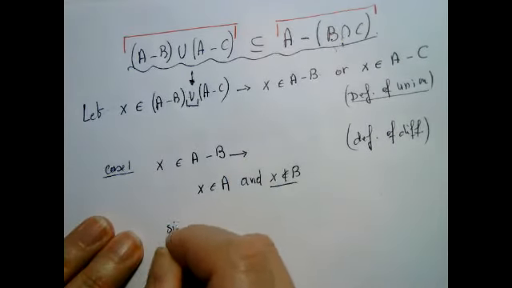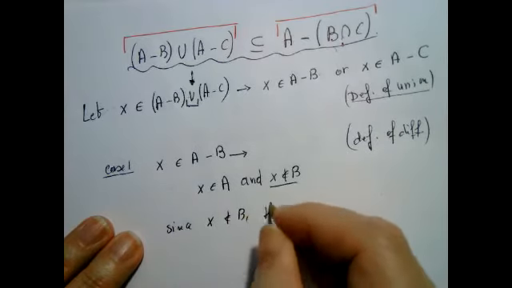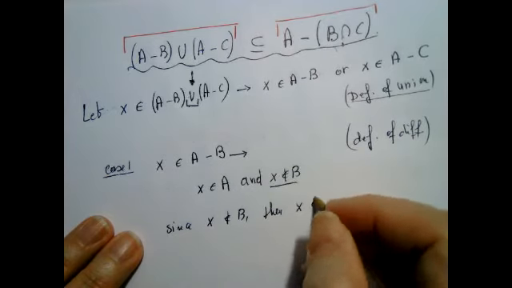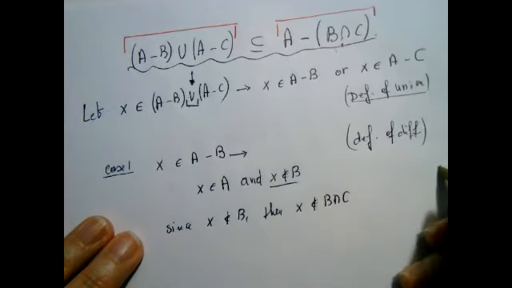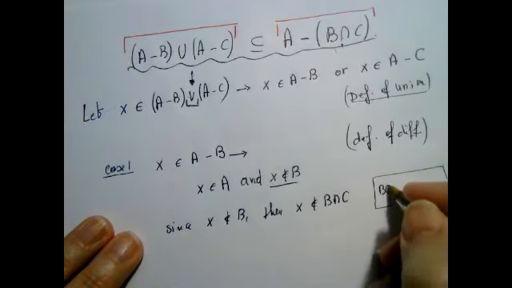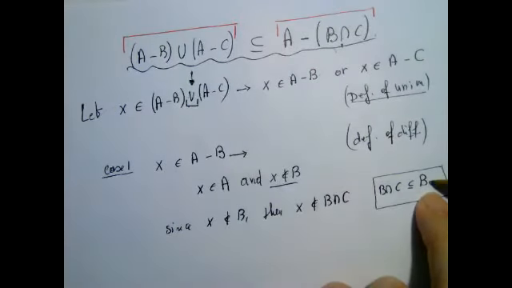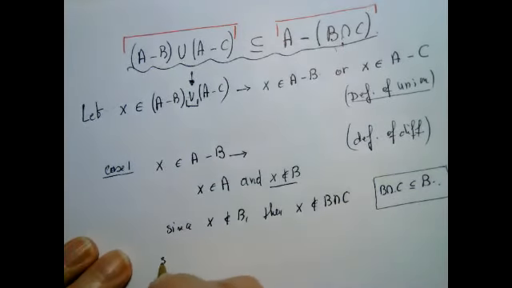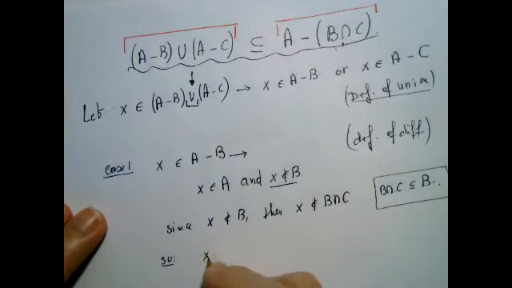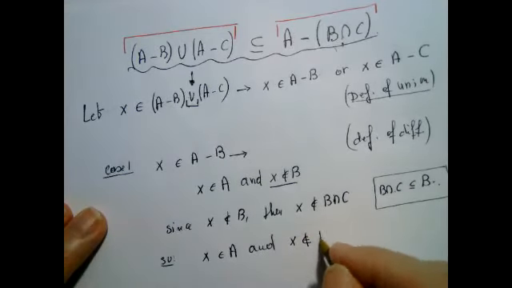Since X is not in B, then X is definitely not in B intersect C, because B intersect C is a subset of B. So if it's not in the larger set, it cannot be in the subset of it. Okay, so now what is my X now? It's in A, but not in B intersect C. Yeah.